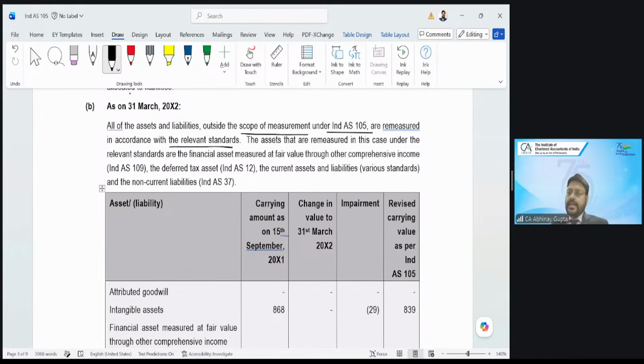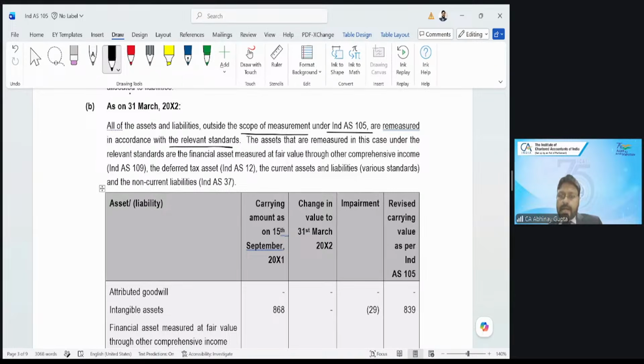What were those? Income tax assets, right? Plan assets coming out of employee benefits, right? Any assets covered under Ind AS 41 agriculture, right? Financial assets measured at fair value in accordance with Ind AS 109, right? So all these items are outside the scope of Ind AS 105, and the insurance contract, which anyway is not applicable in our case.